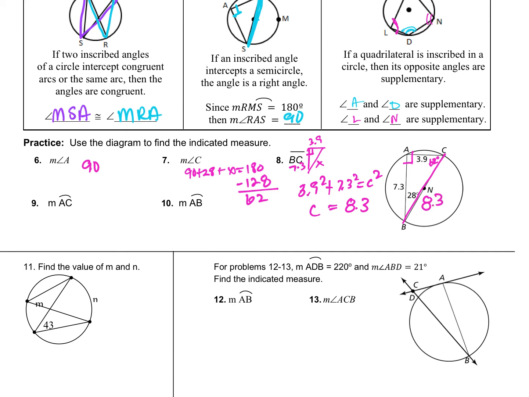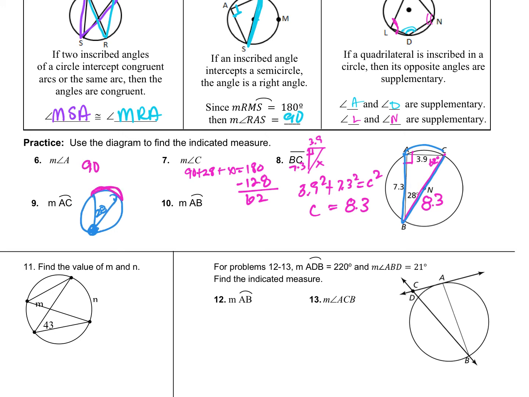All right, so let's look at arc A to C. Now, when I'm looking at this one right here, I am only focused on this, this, and this. So when I look at my arc, since it's on the circle, then I'm only focused on this part right here. So this is 28. I am trying to find the arc.